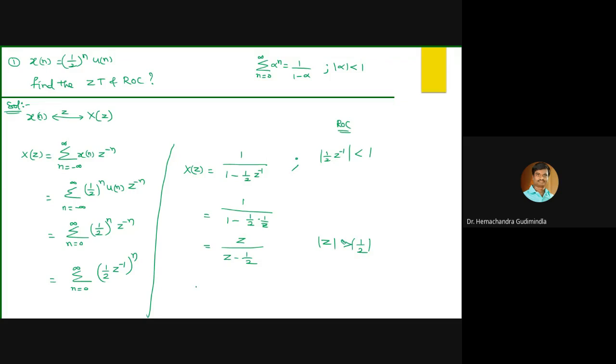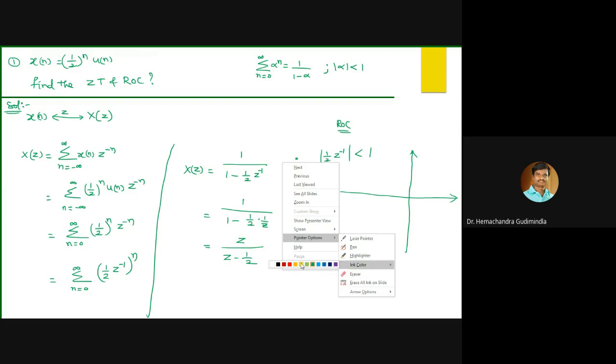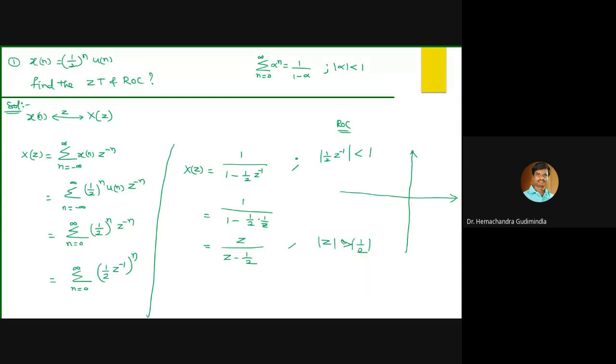Now how to represent this ROC? Simple. Here is the z plane. What is the magnitude of z? It is 1 by 2, and it should be greater than 1 by 2. So first you draw a circle of radius 1 by 2, because this is the pole, z minus 1 by 2.